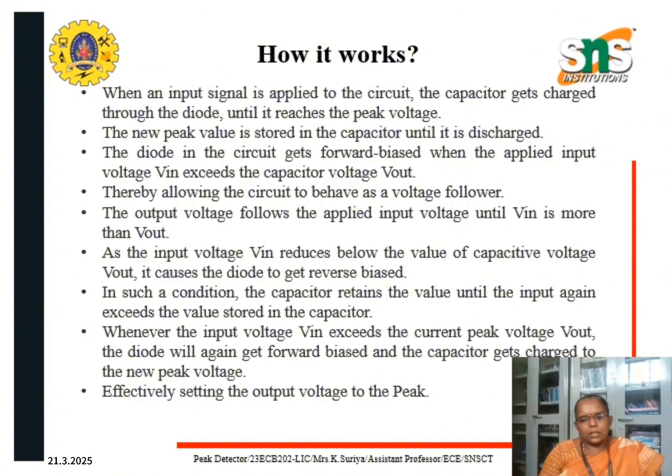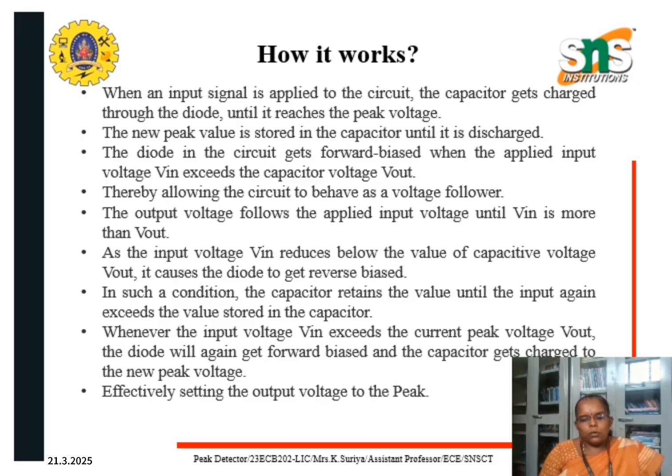In such a case, the capacitor will retain the peak value which it has already detected until a new peak value is got. Whenever the input voltage exceeds the current peak voltage, the diode will again start to conduct because it becomes forward biased and the capacitor will charge to the new peak voltage value, efficiently setting the output voltage to the current peak value.